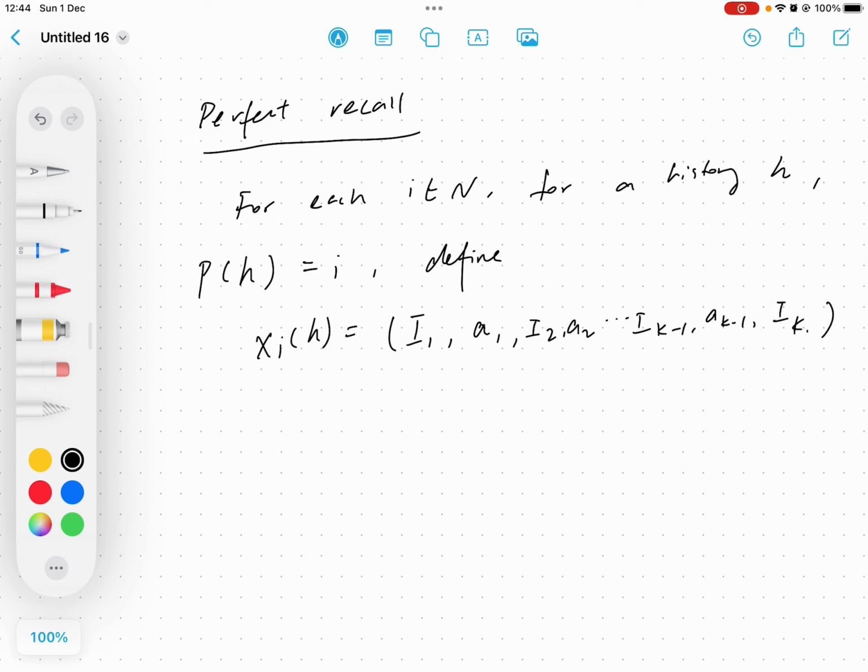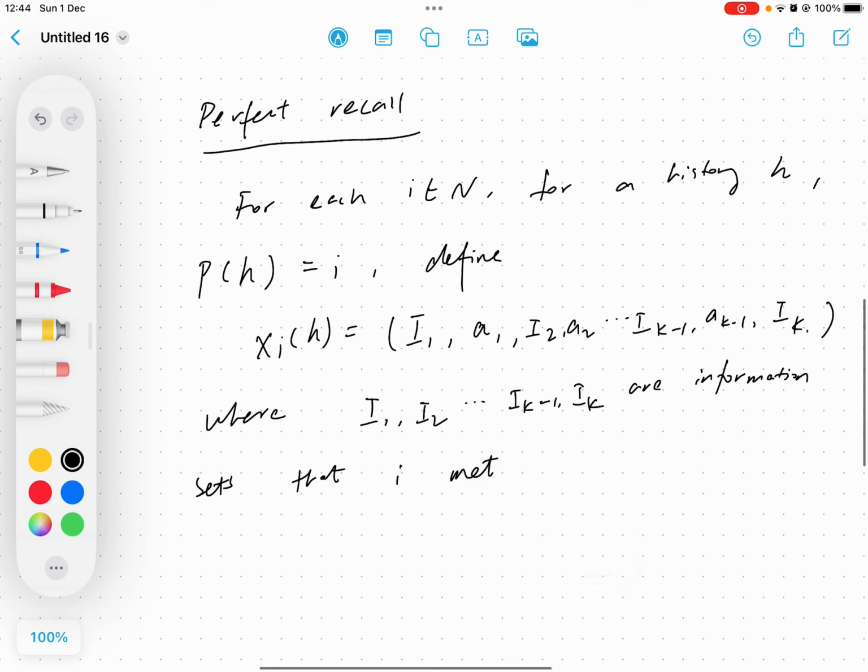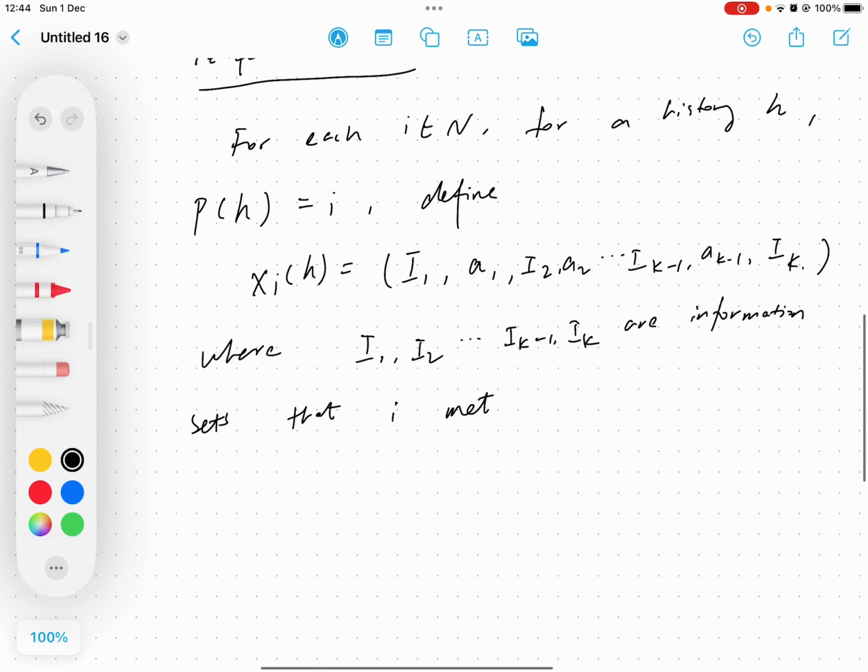Those I1, I2, up to IK minus 1, IK are the information sets that player I met or encountered in history H.